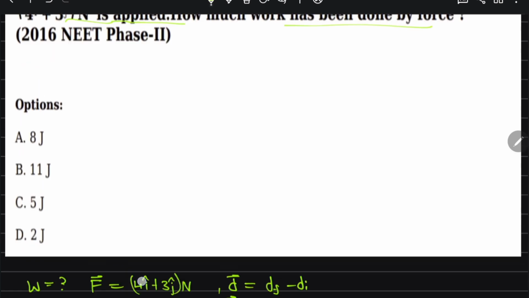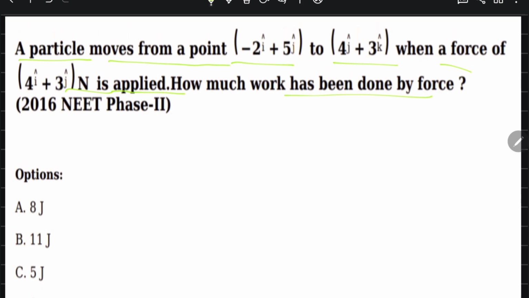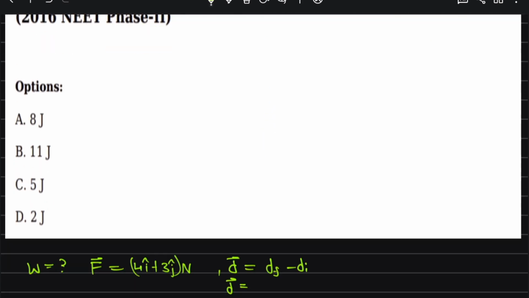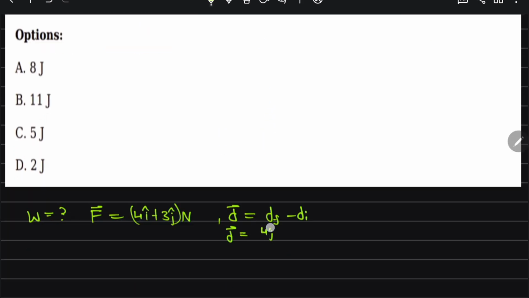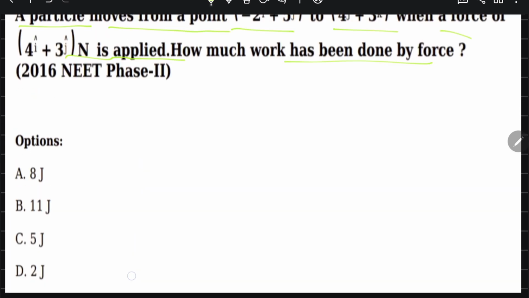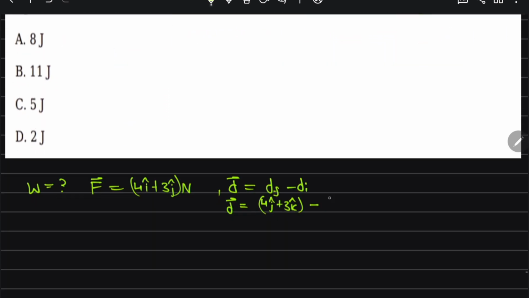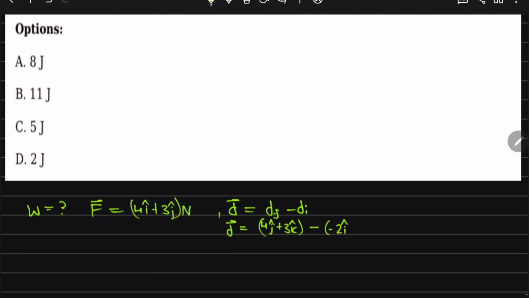The displacement vector comes out to be: the final vector, 4 j cap plus 3 k cap, minus the initial vector, minus 2 i cap plus 5 j cap. So the displacement vector is minus minus plus.